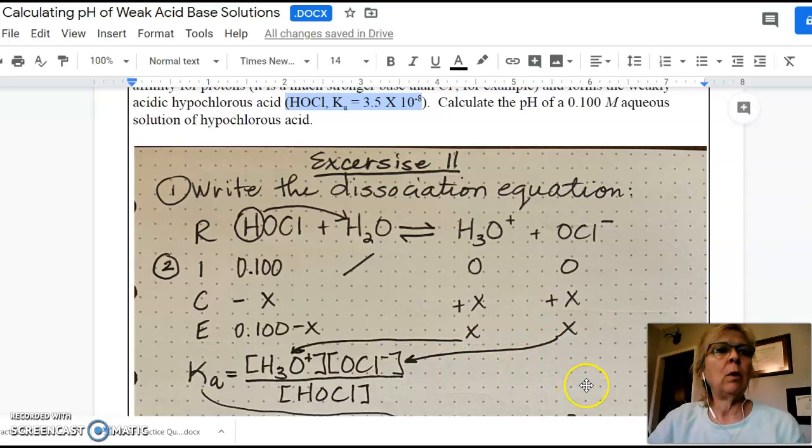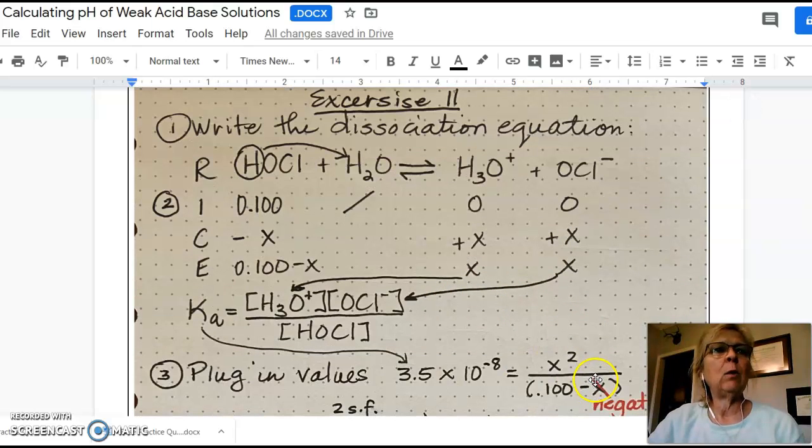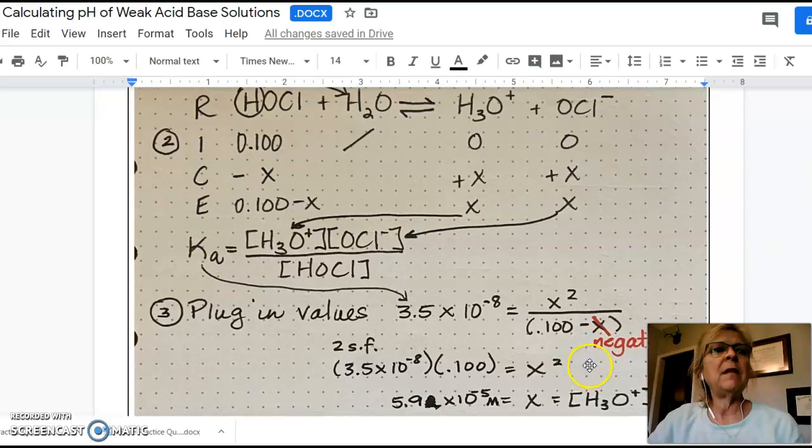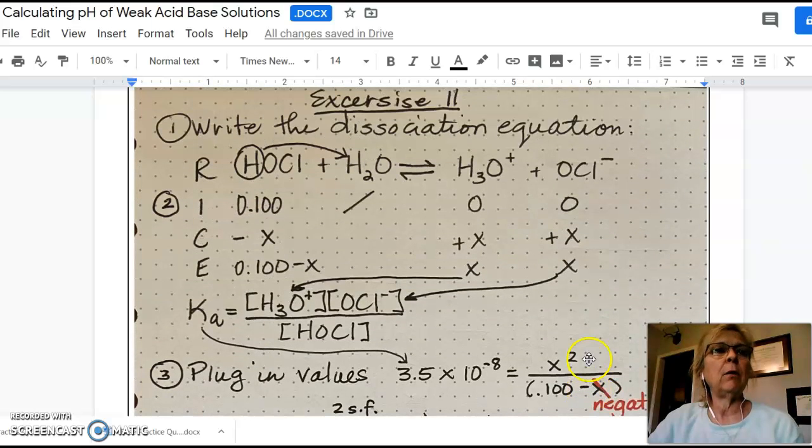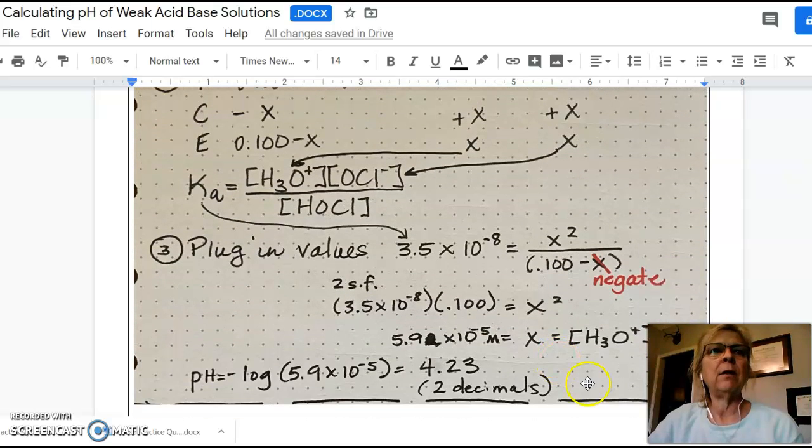Okay. Once again, we have our equilibrium, and from the equation, we can write our Ka expression, and I went ahead and pointed some arrows to you so you would know what everything looks like. Then we're going to plug in our values. So you see me plugging in the values here, and you see me negating the x, so you can tell, aha, that is not needed in my calculation.